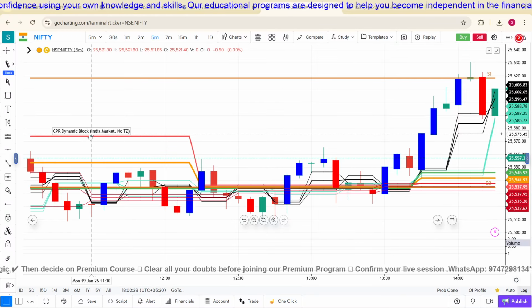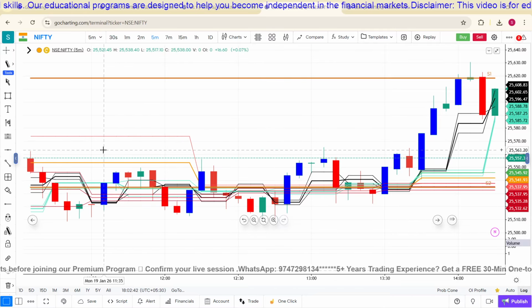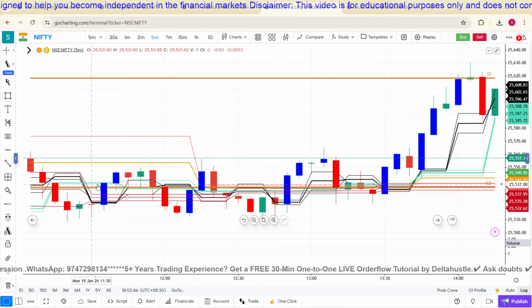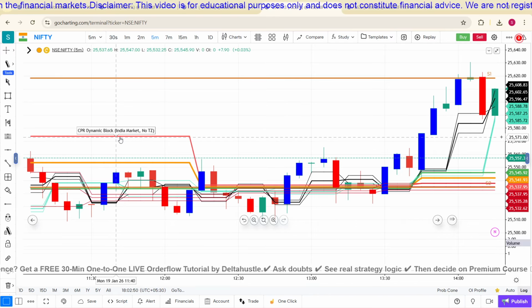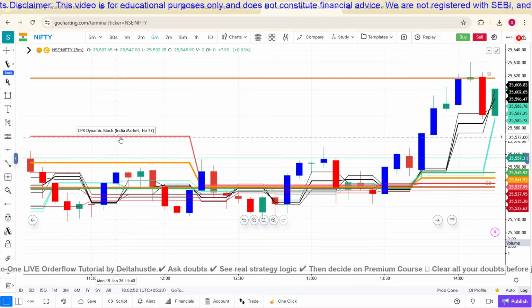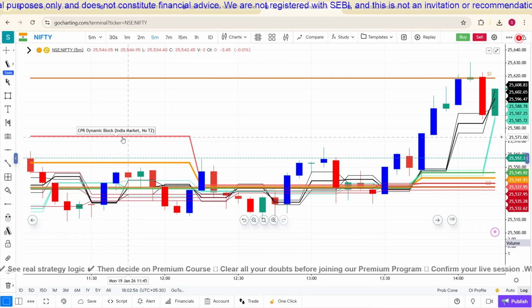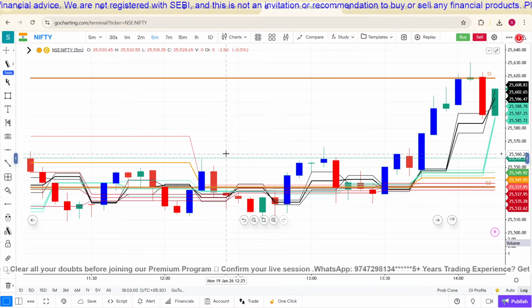And here you see the 90-minute CPR is above the price. So in this particular case, the expectation is for the price to break out of this CPR range. So that is just an expectation only. And we need a clean CPR breakout.